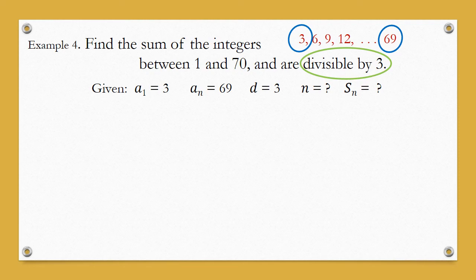So, kailangan din natin ang difference. So, subtract 6 minus 3, 9 minus 6, or 12 minus 9. Ang lalabas doon ay 3. Now, kung makikita natin, dalawa ang unknown natin. It is the number of terms and the total or the sum of the arithmetic sequence, or the a sub n.